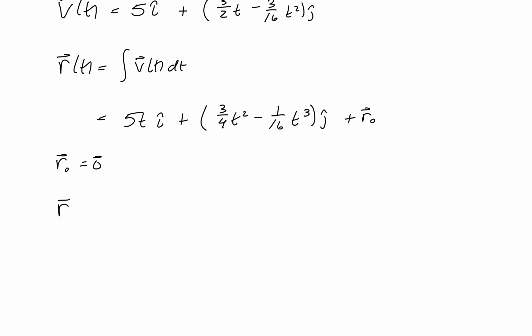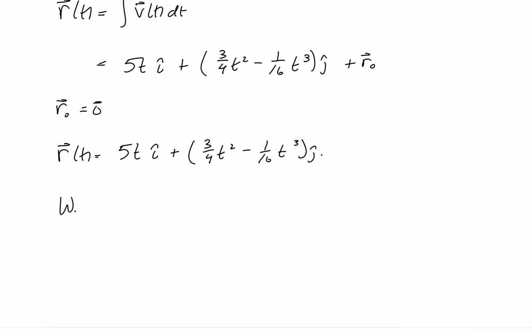So my position is just 5t i plus 3/4 t squared minus 1/16 t cubed j. And we know that we reach the east bank when 5t is equal to 40.